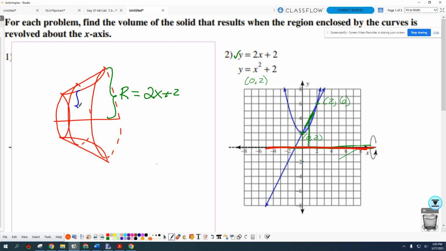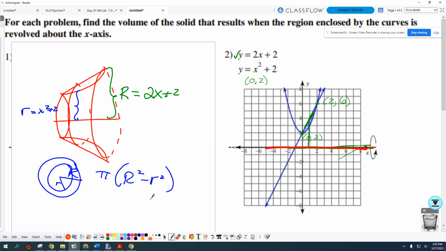Jackson, what is the distance from this curvy bit to the x-axis? X squared plus 2. So the area of this disk that we're finding, capital R, lowercase r, is pi times big radius squared minus little radius squared.